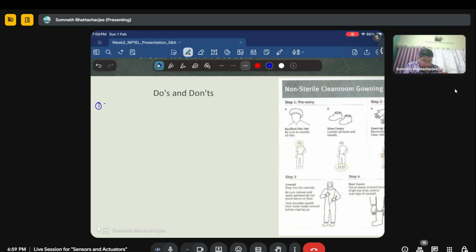that is called a tacky mat. And onto the tacky mat we try to at least remove the particles from our shoes.